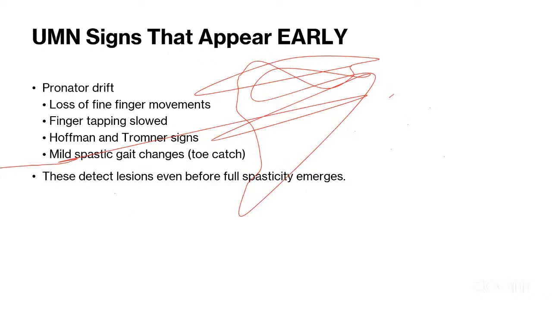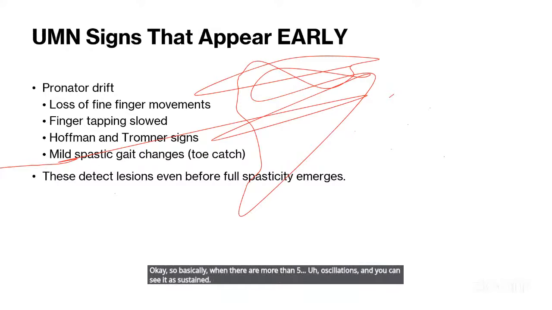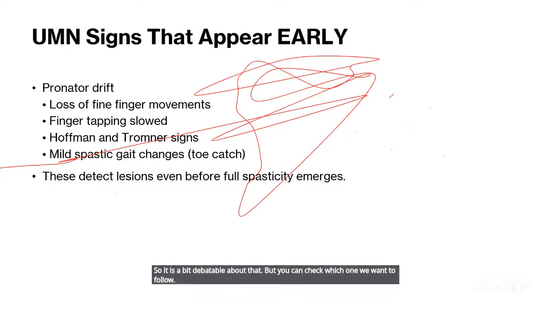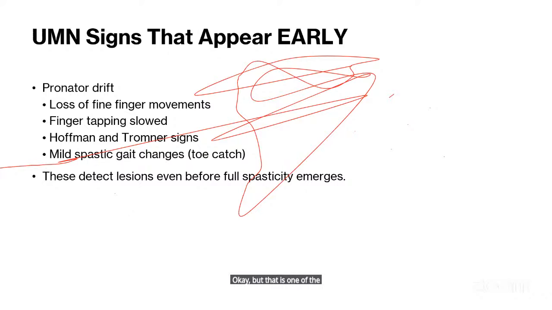Okay, so basically when there are more than five oscillations, then you consider it as sustained. Though there are some places where it is written more than 10 oscillations also. So it is a bit debatable, and you can check which one you want to follow. But that is one of the things that is usually considered.